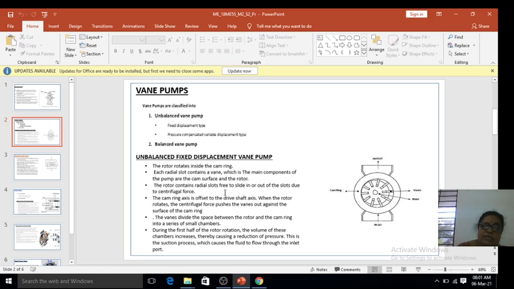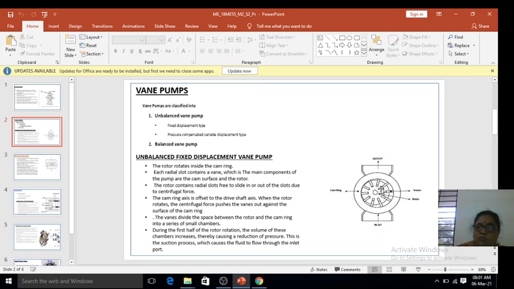The vanes are free to slide in and out of the slots due to centrifugal force. The cam ring axis is offset to the drive shaft axis, as you can observe here: the drive shaft axis and the cam ring axis.